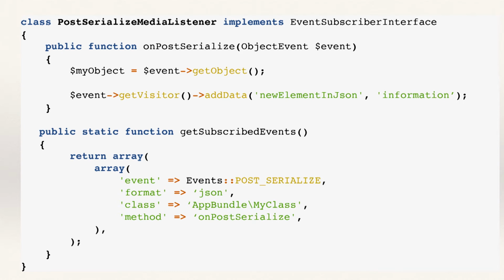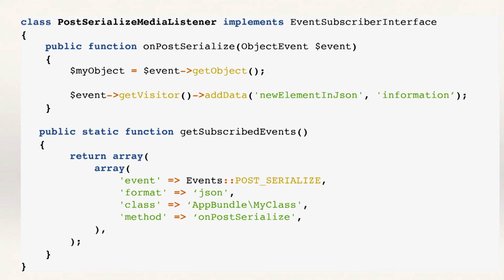You could, of course, change the way your JSON is returned. Here, it's about just adding one more element in your JSON called new element in JSON, with your information.